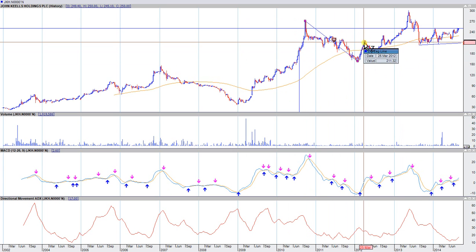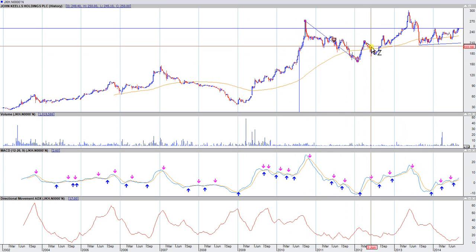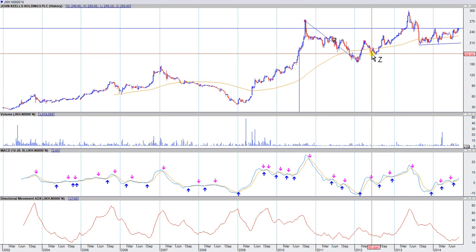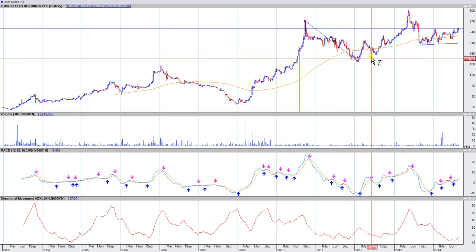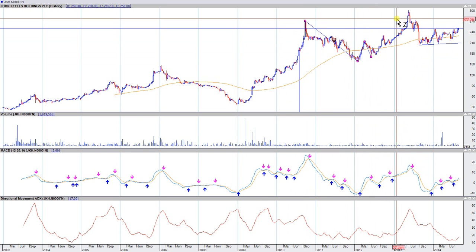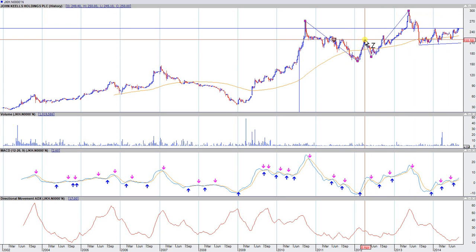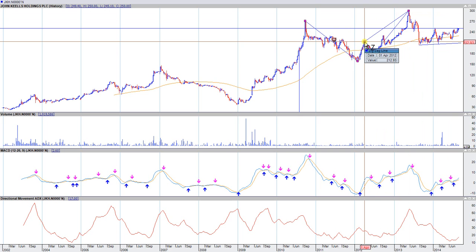Right, so probably this is a 38.2 to 50%, and then this could be 78.6, and here you have about 127 to 113 extensions. So what we are seeing here, let us measure it and see.